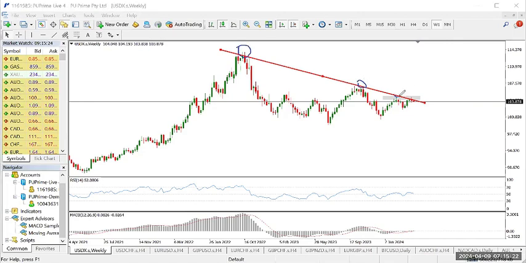Price has bounced off the trend line the first time here. That's the first valid bounce, and now price is still around that trend line, and we expect a bounce again in the bearish direction. So all this points to the possibility of a bearish breakout on the dollar index.